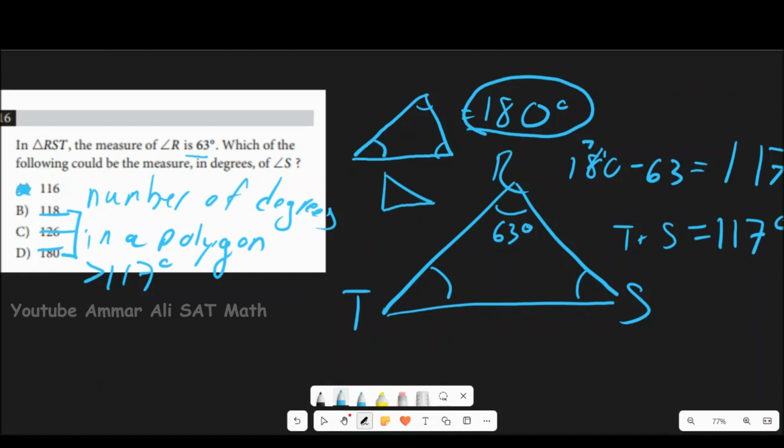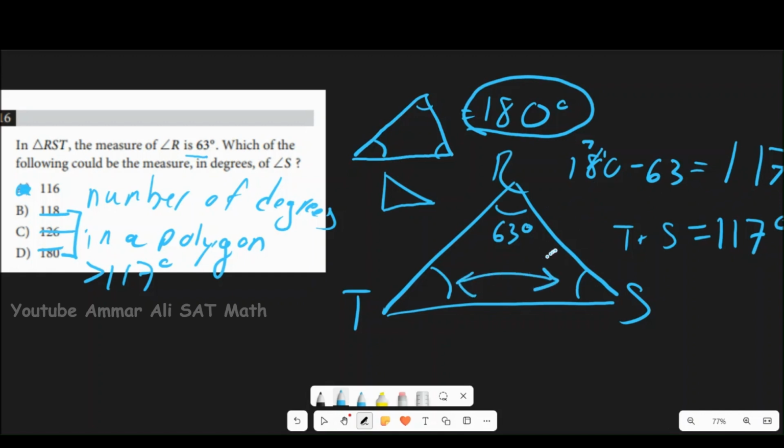What did we do? We just remembered that for any polygon, we kind of know the number of degrees in a polygon. And specifically, you should definitely know how many degrees in total are in any triangle. Always going to be 180 degrees. So we used this to our advantage and we figured out, okay, since there's 180 degrees total in a triangle, 63 of those degrees are in angle R. That means 180 minus 63 gives us 117 degrees remaining to split between the two remaining angles.